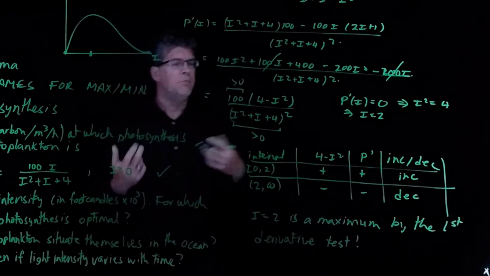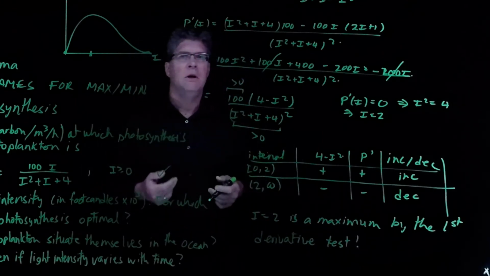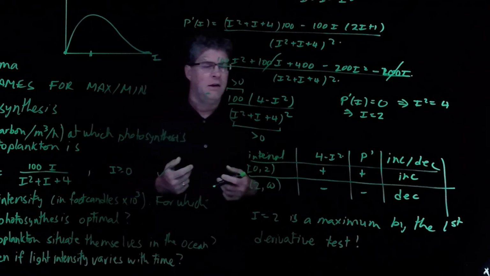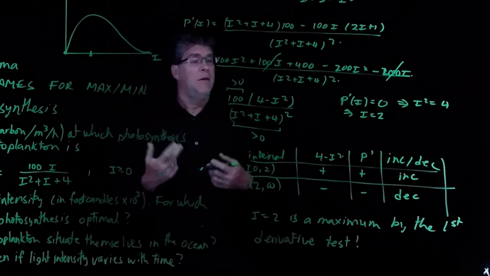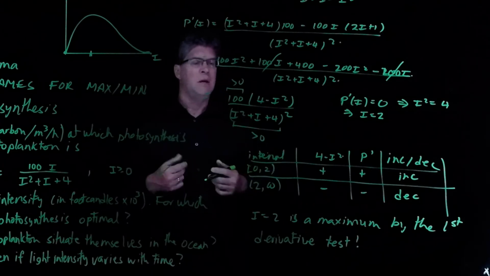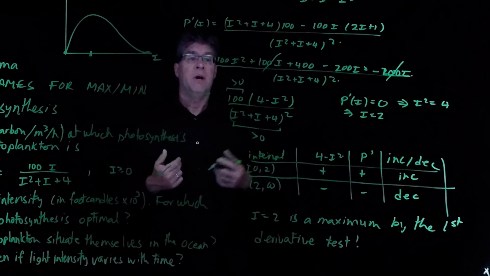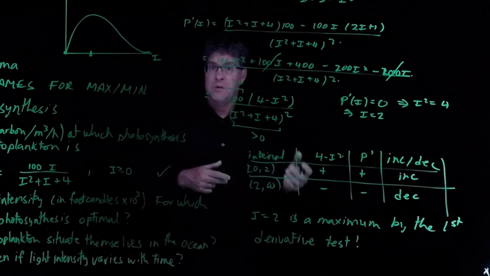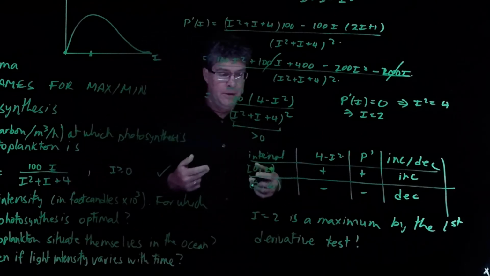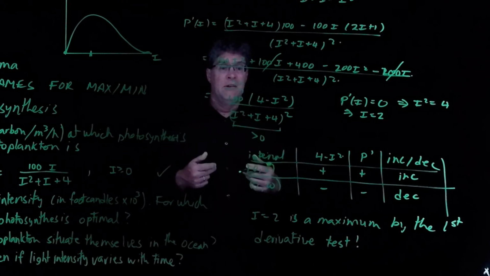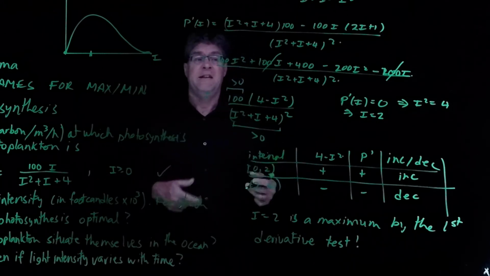Okay, there's another test we could use here if we wanted to, which would be the second derivative test. And so we'd have to compute P double prime, and for a maximum, we'd have to make sure that P double prime was negative. But you have a choice of whether you use the first or second derivative test when you do these kinds of max-min problems to optimize. And in this case, it's good to do whatever is easiest.